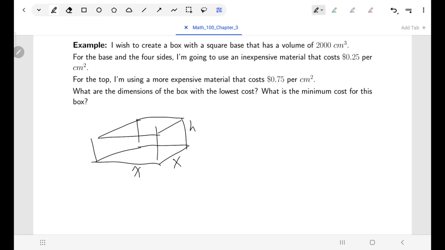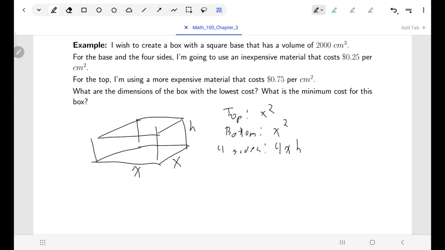So for this box, as I currently have it, the area for the top is x times x. Same thing with the bottom. It's also x times x for its area. And then for the four sides, each side has an area of x times h, and there's four of them, so 4xh for the four sides.